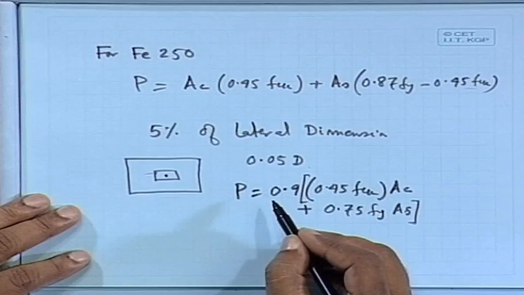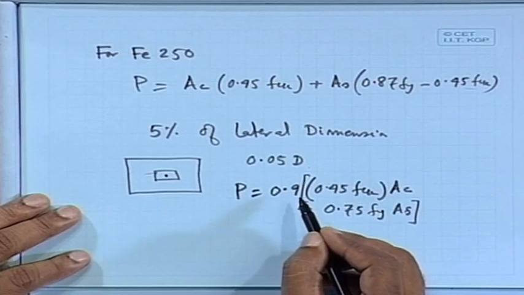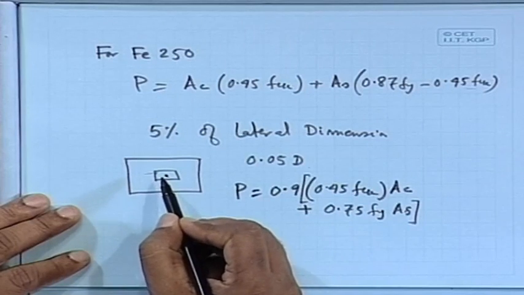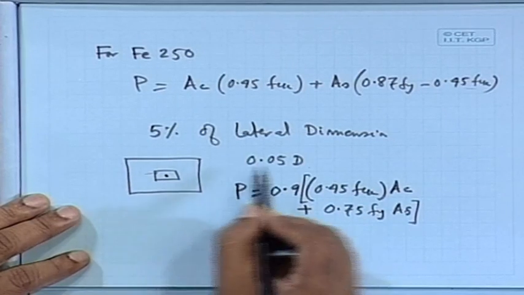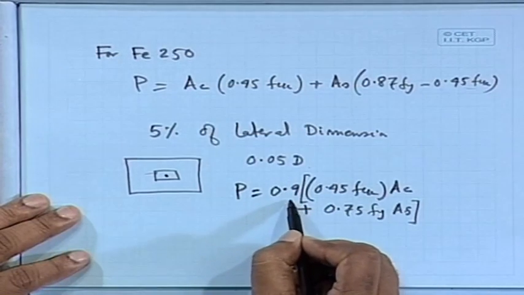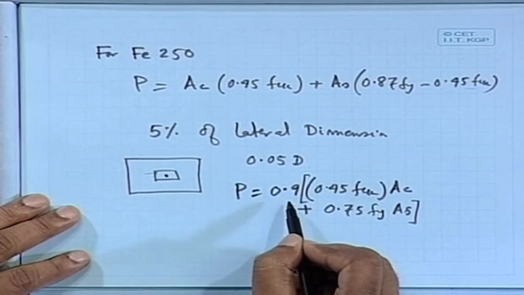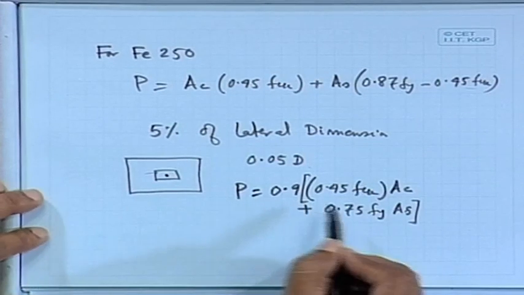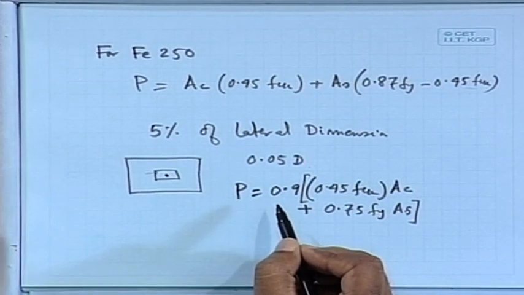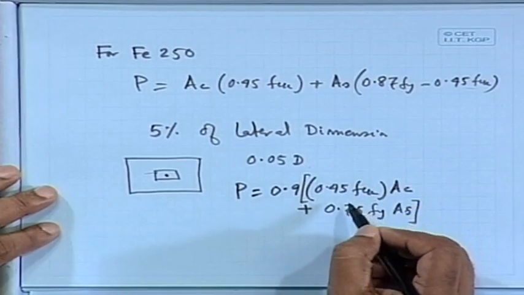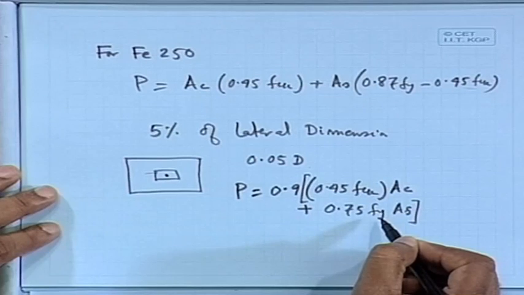Because we know that we shall not be able to construct it without any eccentricity, even if we know that it goes maximum 5%, in that case we are reducing this value. That means if we provide a section with some reinforcement on the basis of the maximum allowable load that we can compute, whatever value you have computed, you take 90% of that.